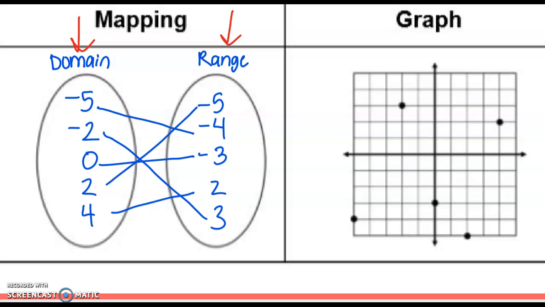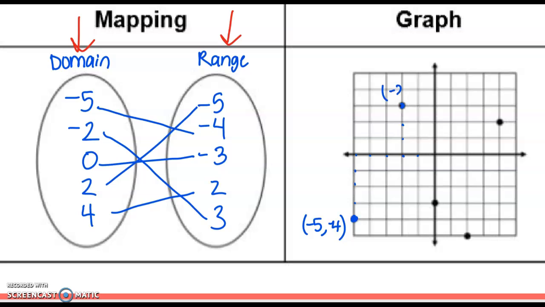For a graph, you would just graph each one of the points. So like (-5, -4), you would go left 1, 2, 3, 4, 5, and then down 4. And I've already graphed these points for you. There's the first one. That point right there, that's (-5, -4). (-2, 3): so left 1, 2, and then up 3.